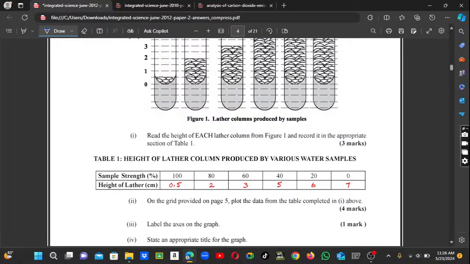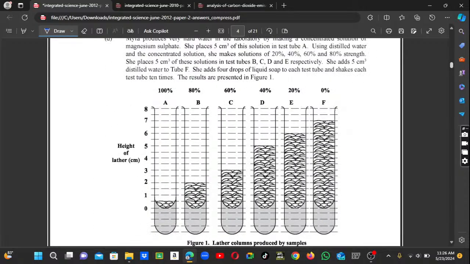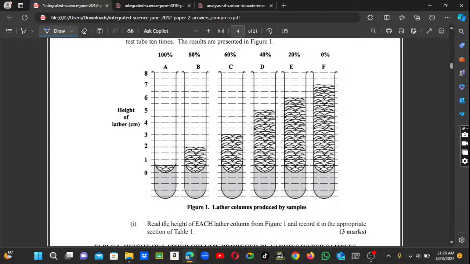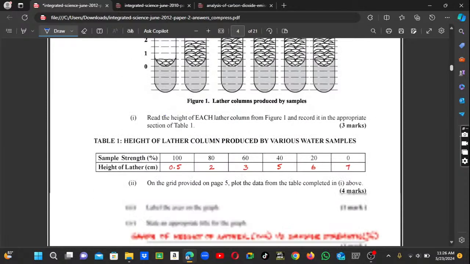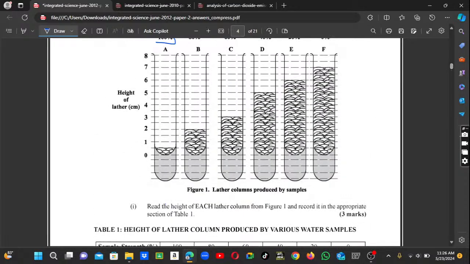So guys, first we are looking at 100%. Let me show you on the diagram here. For 100%, this one would be test tube A. So here we can just look at it. For 100% it would be 0.